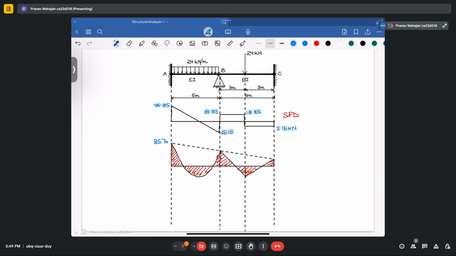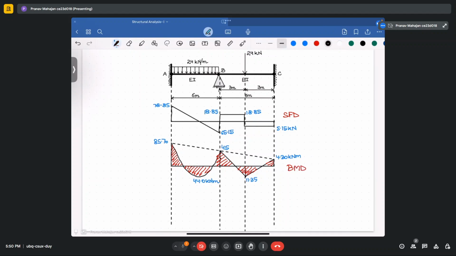Here it is 44.0 kilonewton meter. Here you have 45. Here you have got 11.35 and then 4.30 kilonewton meter. So this is your bending moment diagram.